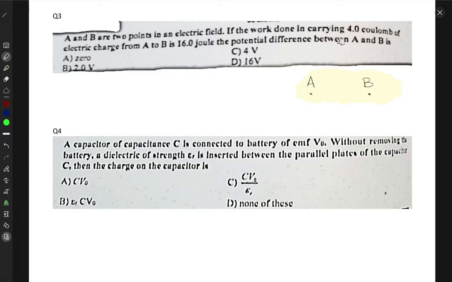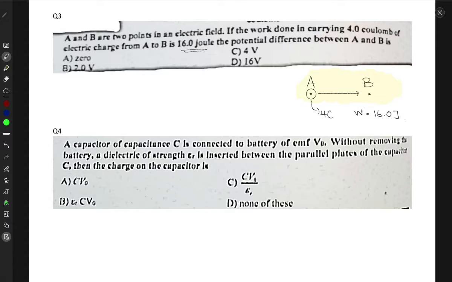The work done in carrying 4 coulombs of electric charge from A to B is 16 joules. So you have a charge at this point A, let's draw it as a circle, and it's 4 coulombs. You're taking this charge from point A to point B, and once you take it to point B, they're telling you that the work done is 16 joules.